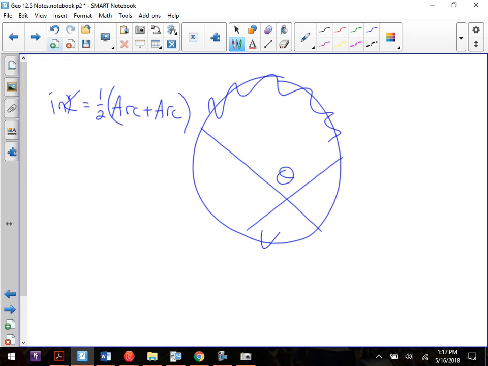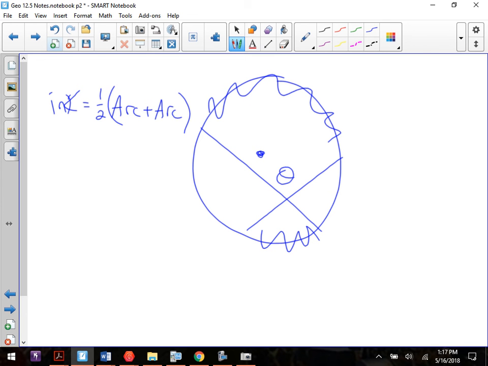So basically, you can just write it as inside angle equals half the sum of the two arcs. So you couldn't just do it the other way? Nope. That only works if it is the central angle. Big difference. Remember, guys, central angles are different than arcs that are on the inside. Though they're on the inside, they go through that.